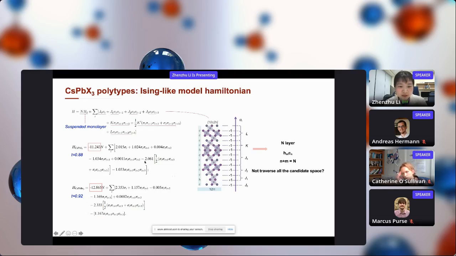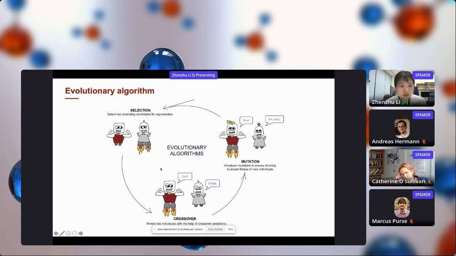In principle, with these Hamiltonians, we can calculate the energy for any polytype we want. But if we want to find the low energy polytypes, we need to traverse all the candidate space. So is there a way that we don't have to do this? Yes. Fortunately, we have the evolutionary algorithm. An evolutionary algorithm is based on three operations: selection, crossover, and mutation.